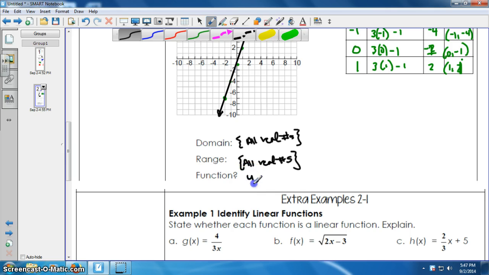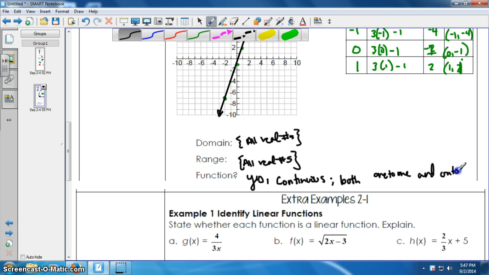So yes, it is a function. There's nothing being repeated. It is continuous. Remember when it's got the lines, it's a line and goes on forever. So continuous. And then it is both one-to-one and onto.